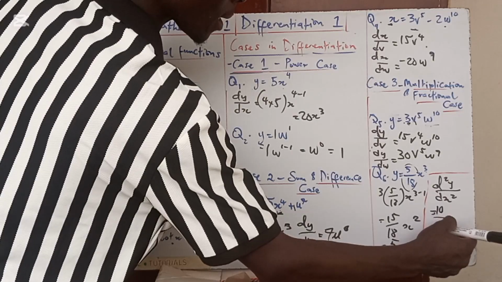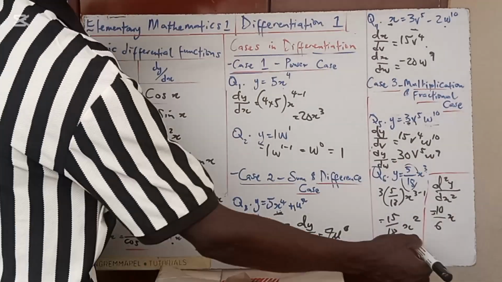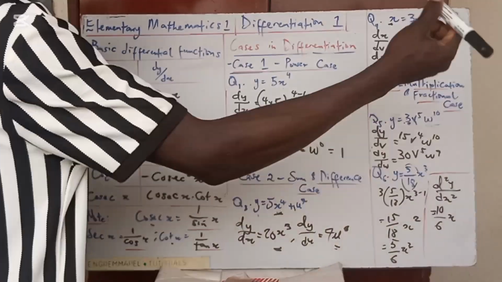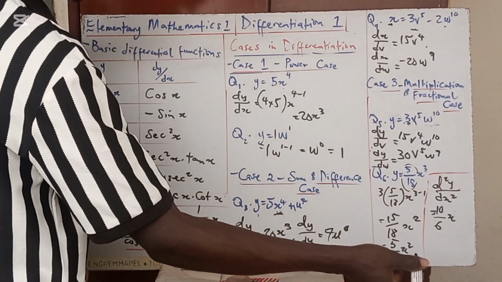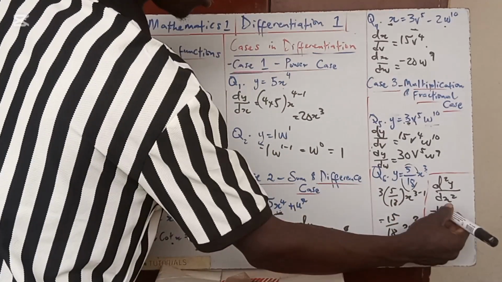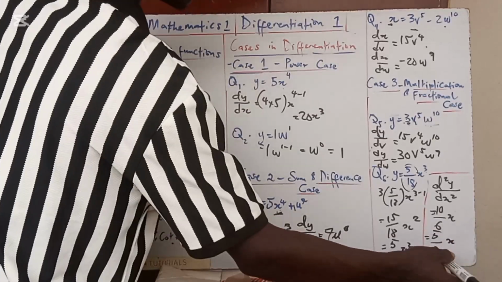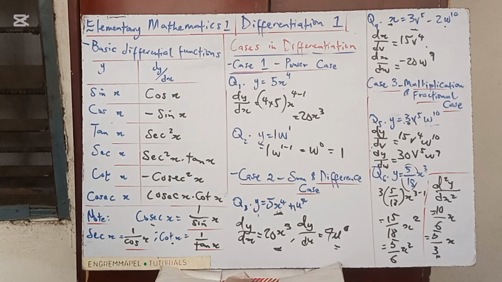So 10 over 6 x. 2 minus 1 will give us 1. So x raised to power 1 is still x. So now you can break into lowest terms. 2 can go here, 2 can go here. 2 here will be 5. Then 2 here will be 3. So the second derivative will be 5 over 3x.